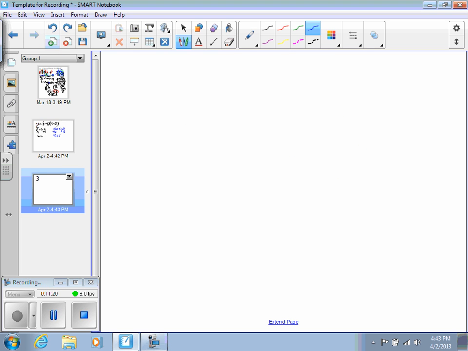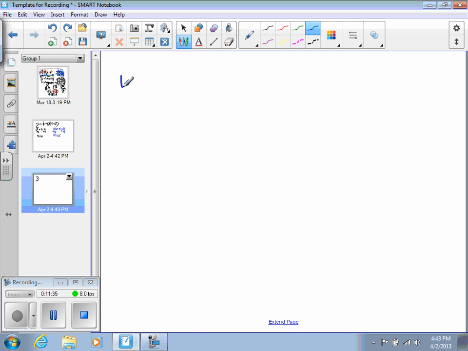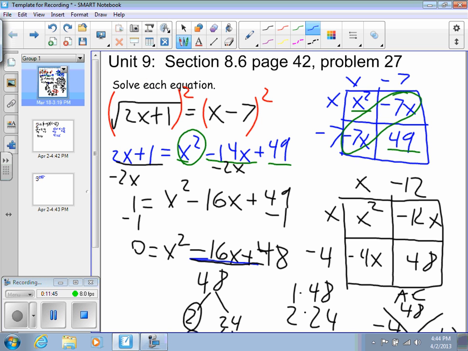So again, I'm going to create another page here, and let me go ahead and rewrite the original equation. So I have the square root of 2x plus 1, let me extend my square root here, equals x minus 7.